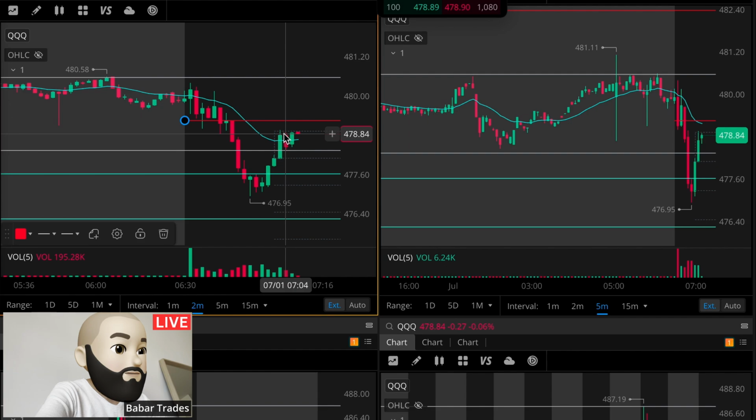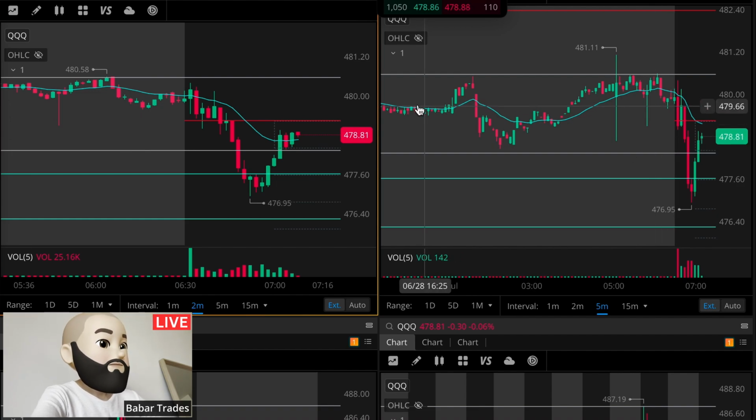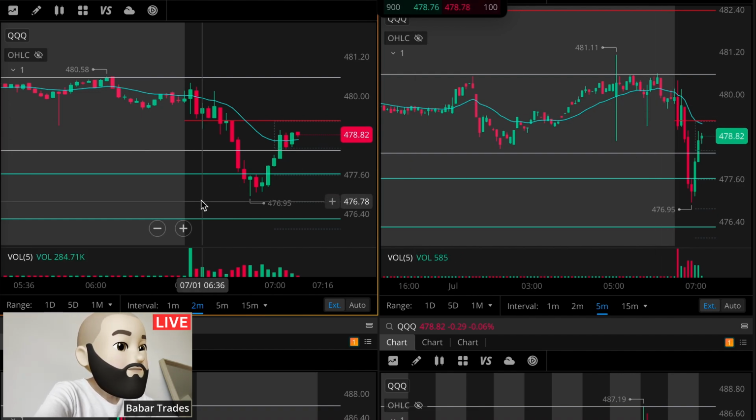Say 479.25. Gonna wait for the 5-minute candle to close here. I want to see if it's going to be bearish on continuation.